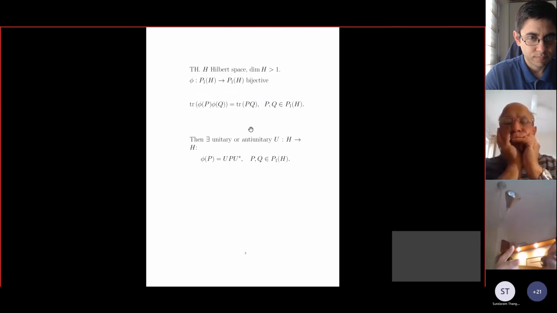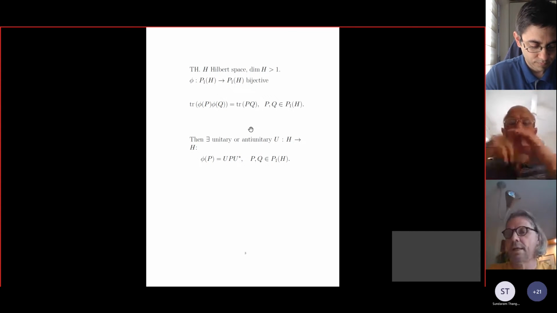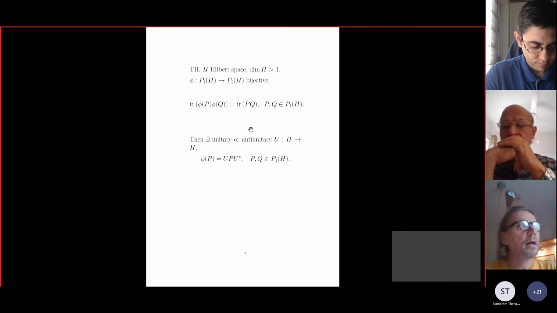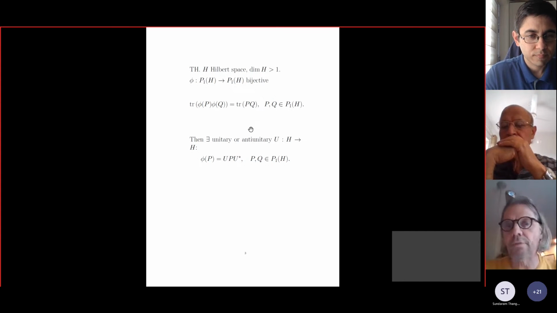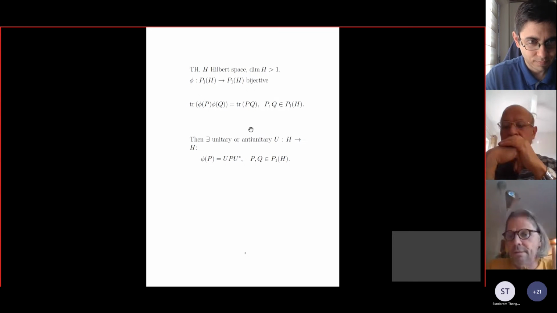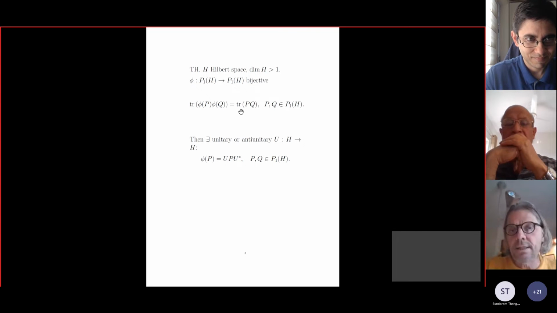Now, two projections of rank 1 are involved here. If you have two projections of rank 1, then actually everything is happening on a two-dimensional subspace. You take the image of the first one, the image of the second one, the linear span, and the orthogonal complement is a subset of the kernel of P as well as the kernel of Q. So everything is happening in 2 by 2 matrices, and then it is an easy exercise to see how you measure this transition probability.